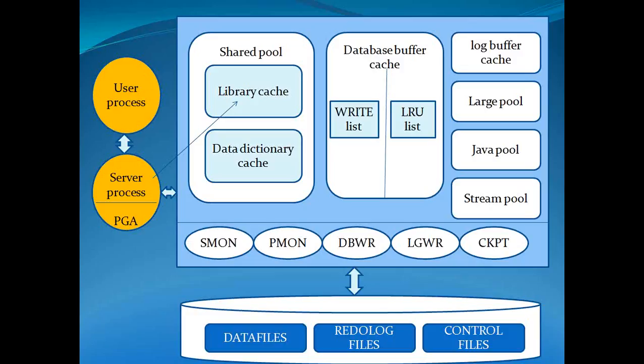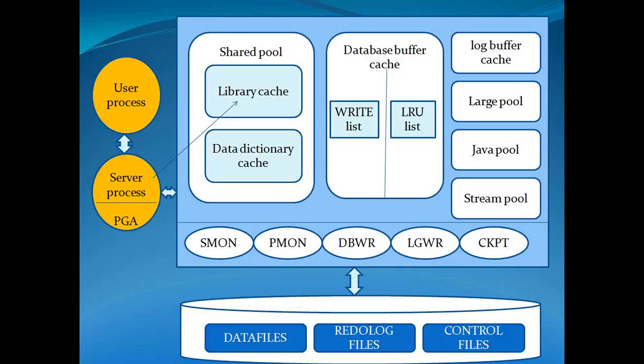And in the library cache, the parsing phase that we talked about, like syntax checking, then semantic checking, and dividing the statement into literals, all these three steps will be performed. That means the entire parsing is going to take place in the library cache.